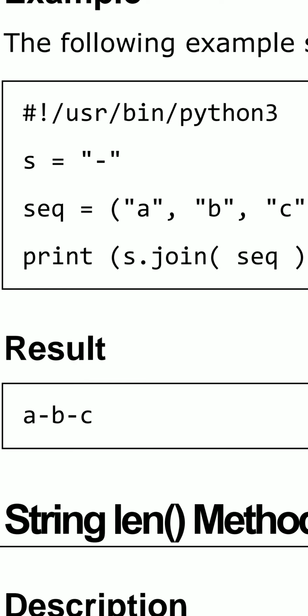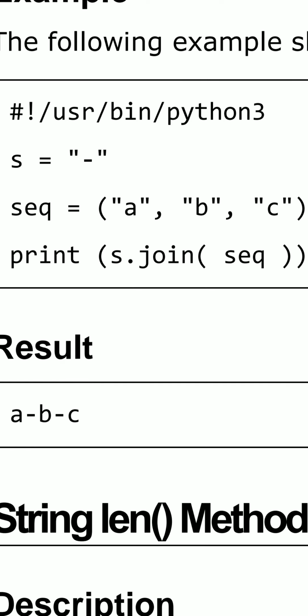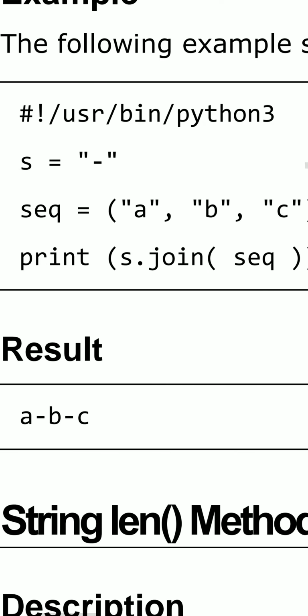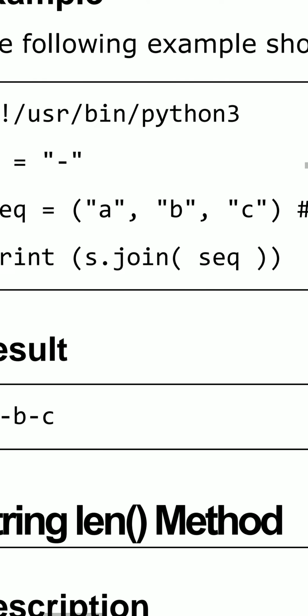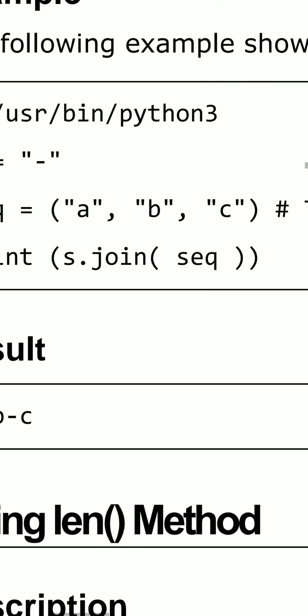The separator is enclosed in double quotes, and its value is stored in a variable called s. Then I am storing a sequence of strings, that is a, b, c, a collection of strings, in a variable called seq. And then I am calling the join method, that is s.join(seq).